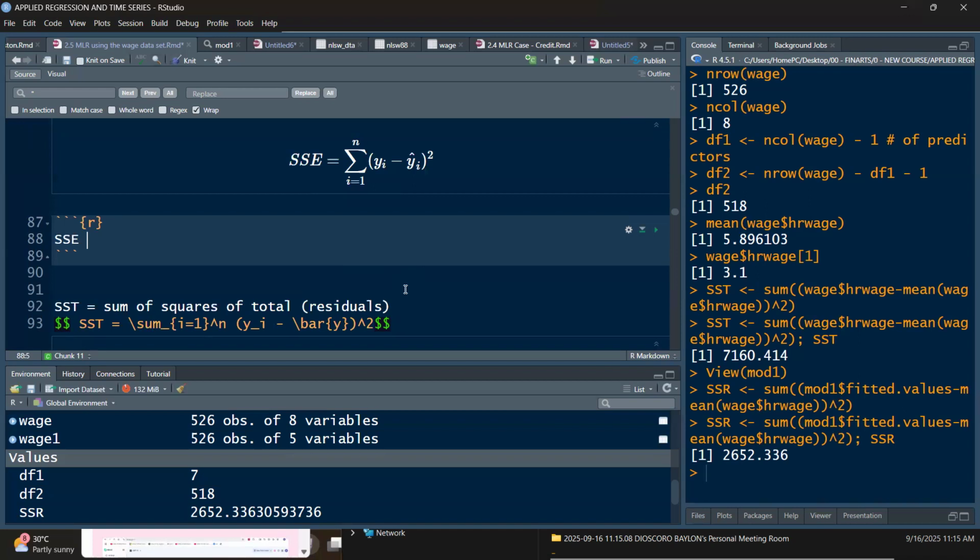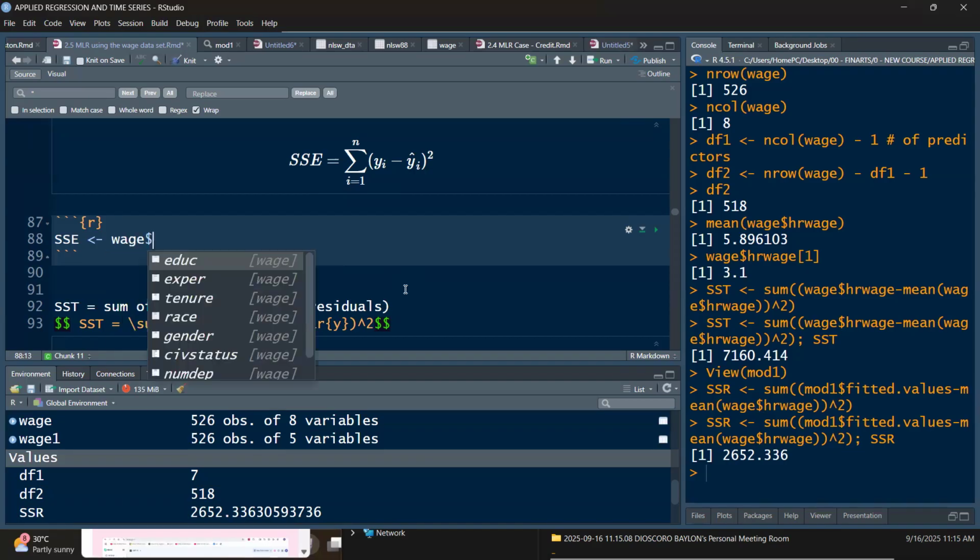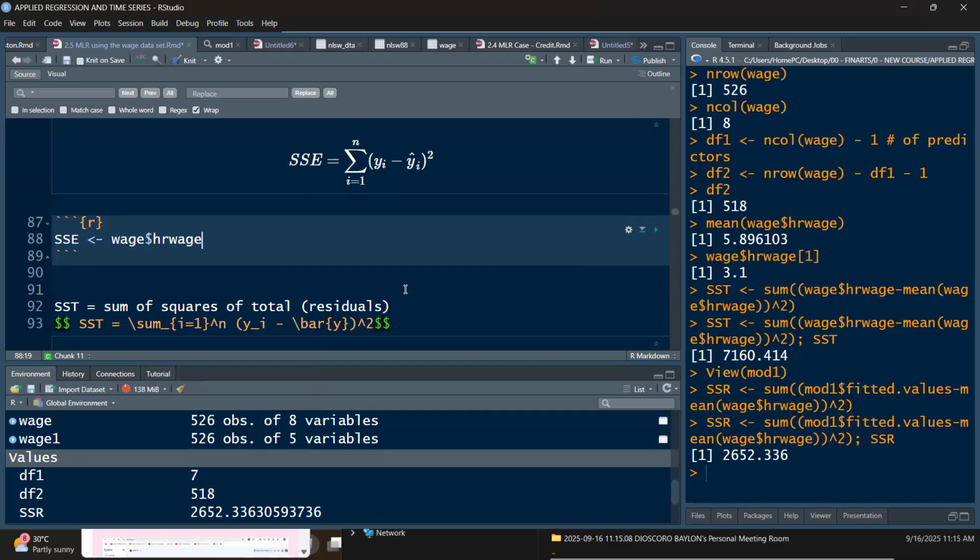So you have sum of the squares of your errors or sum of the squares of your residuals. Then once again, we have the actual value from wage dollar, okay. That's your actual value, right? Minus your predicted value, again, from model 1 dollar.